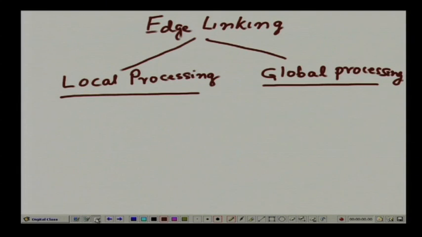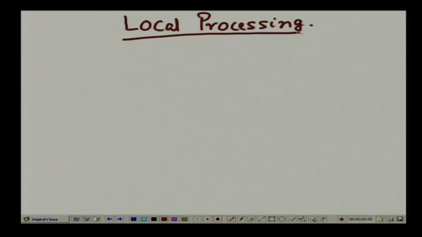So, firstly we will talk about the local processing approach for edge linking. In the local processing technique, you take an image which is already edge operated.